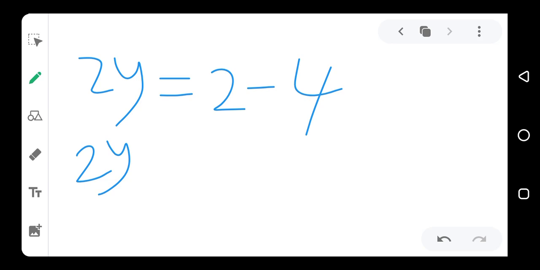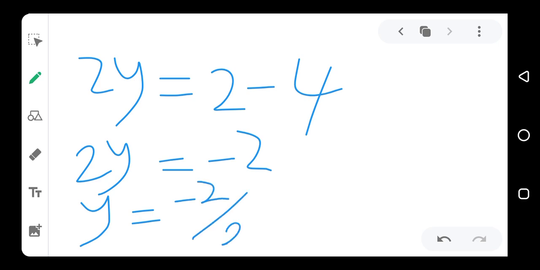You have 2 and you are owing 4, so it is equal to minus 2. Then y is equal to minus 2 over 2, which is equal to minus 1. So this is the answer.